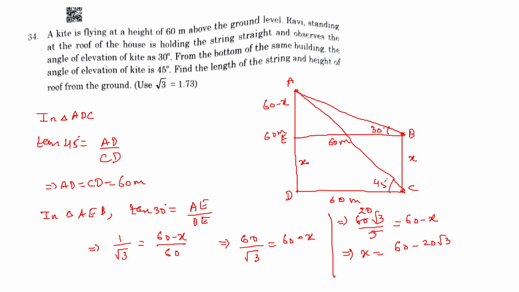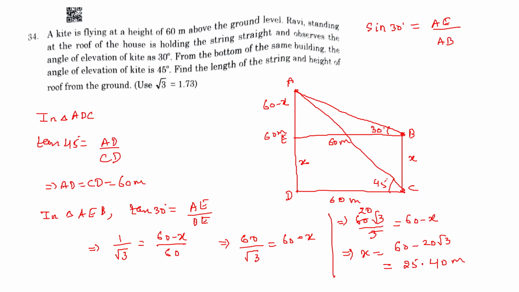Root 3 value is already given there. And if you solve it, you will get the answer as 25.40 meter. This is the value for x, that is the height of the building. You have to find the length of the string also, which is AB. So we will use now sine 30 degree in the triangle AEB. It will be equal to AE by AB.